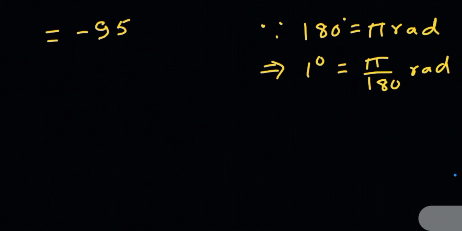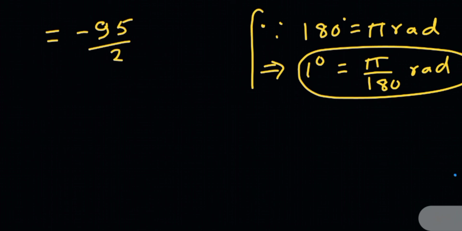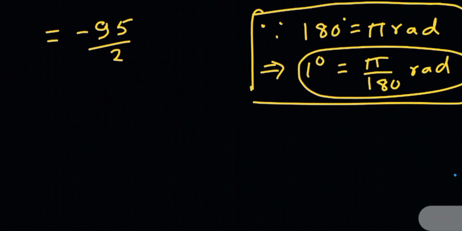So 95 upon 2 degree, with minus sign, will be minus 95 upon 2 into pi upon 180 radian. So this we got.